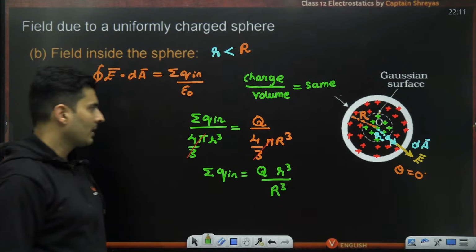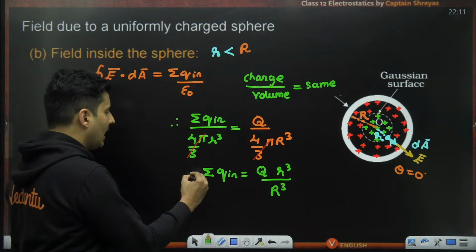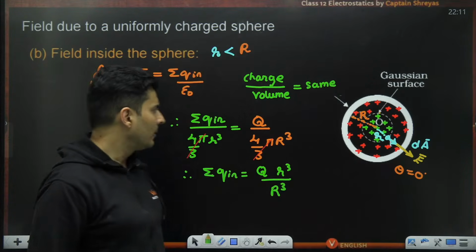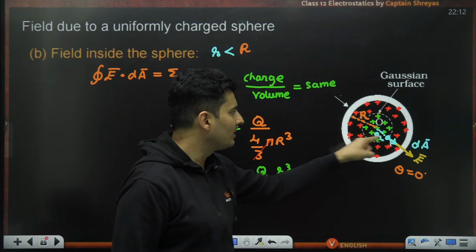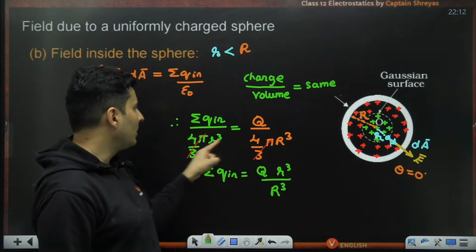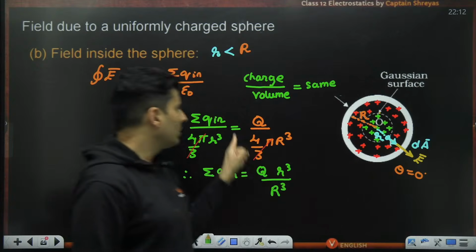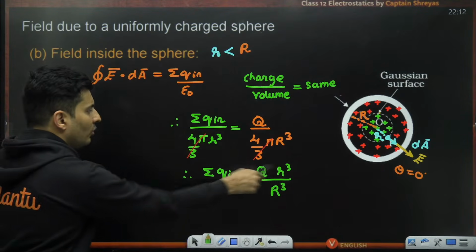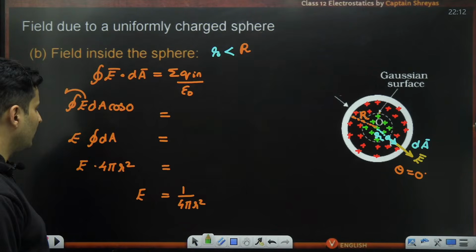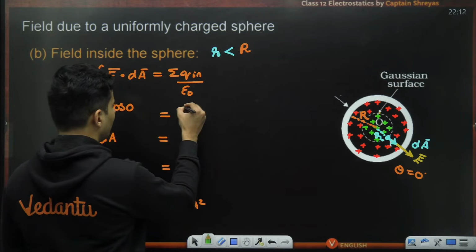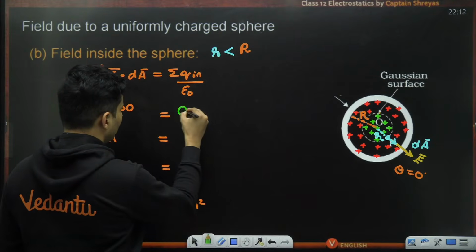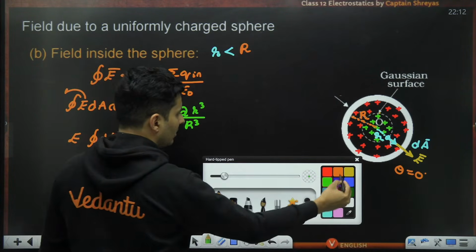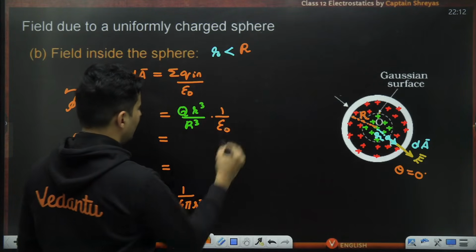This is a very interesting thing, that I am only dependent on the charges inside, not on the charges outside, by Gauss's law. The charge inside is inside the sphere of radius small r, so that volume. The total charge Q is on the total volume whose radius is capital R. So cancelling 4 by 3 pi, I get this. Substitute that over here. So it will be nothing but total charge Q small r cube by capital R cube, and this whole thing divided by epsilon naught.